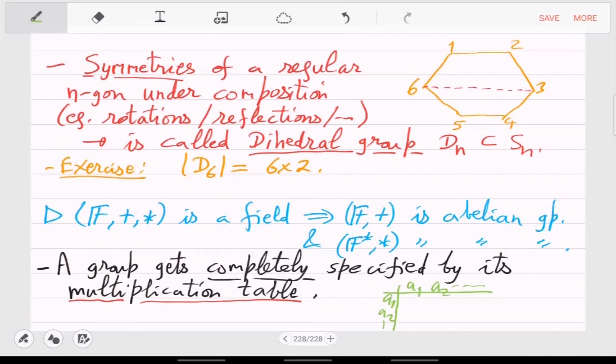And then in entry AI, AJ you have to say what the product is.